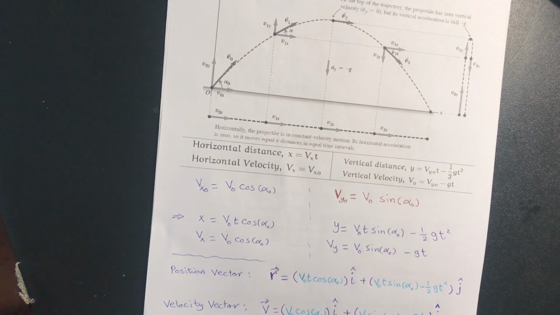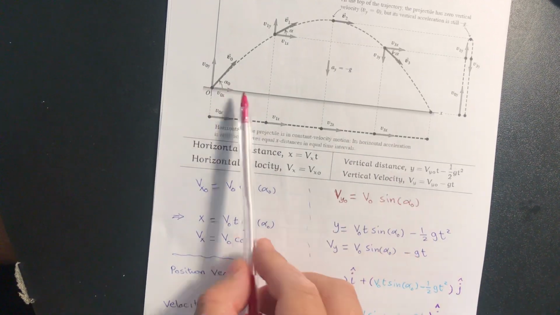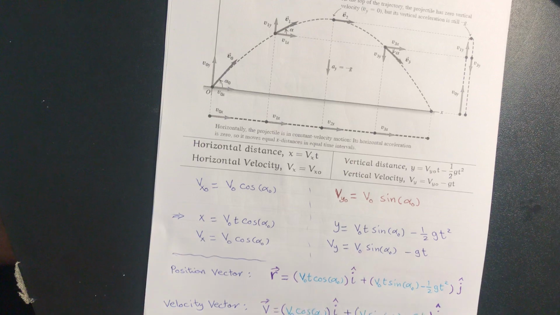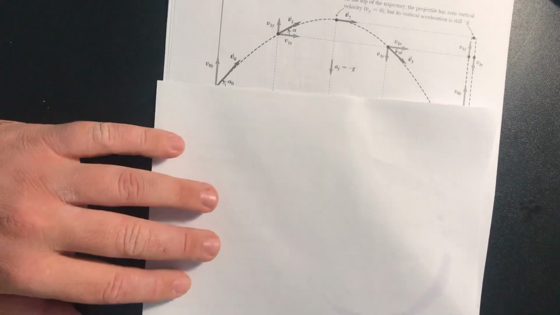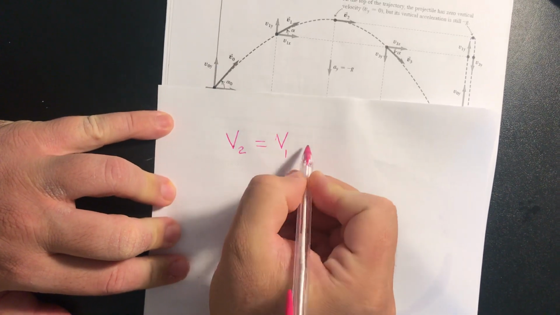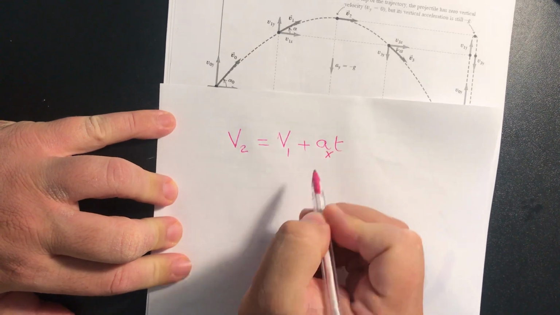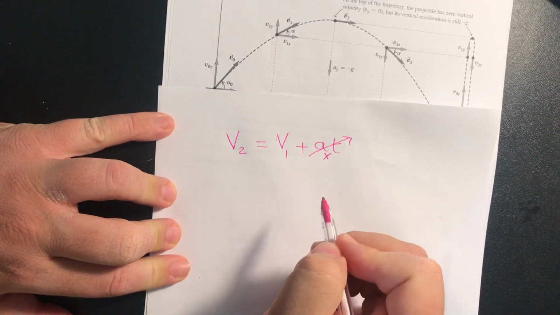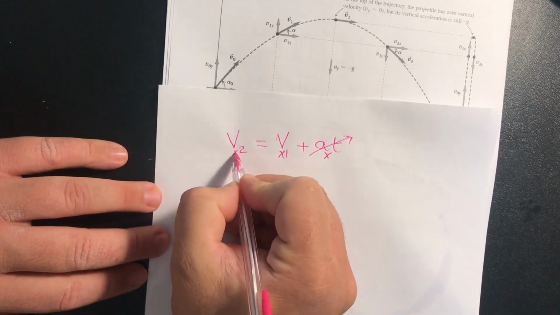These two sets will reduce because we don't have acceleration in the x direction. So any term with acceleration in the x direction will go to zero. For example, if we have v is equal to v initial plus at, a in the x direction is equal to zero. This term will go. And we have vx and vx.